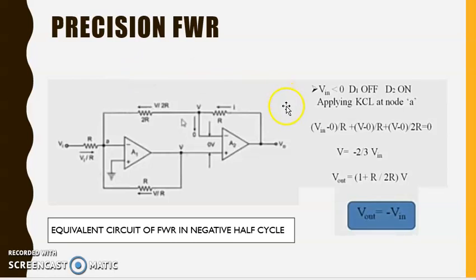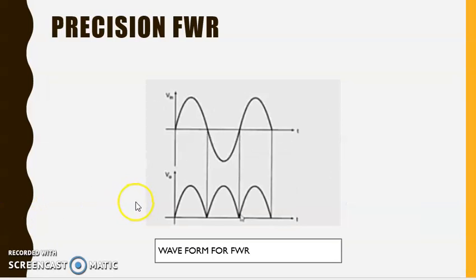And finally we get V output is equal to (1 plus R, this feedback resistor, divided by 2R, this input resistor) multiplied by V. So we get V output is equal to negative of V input. Here in this waveform, due to the negative of V input, we will get an upward waveform in this second cycle. Means in the negative half cycle, we will get the upward cycle.